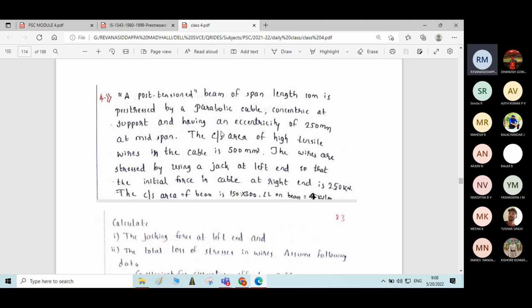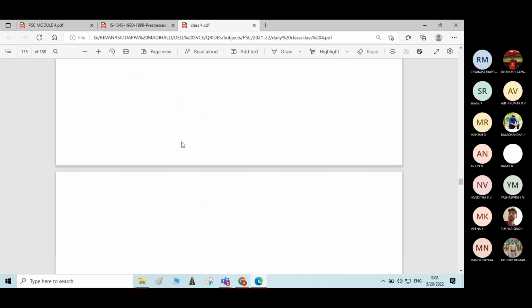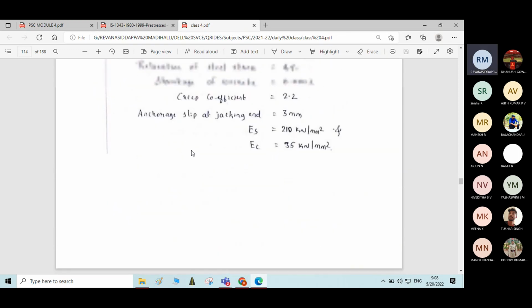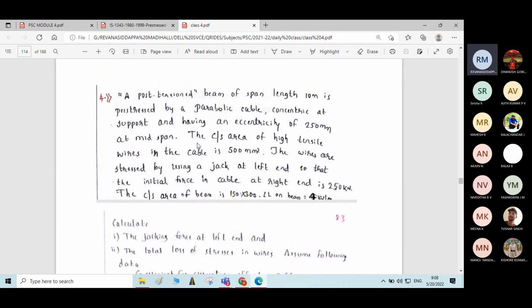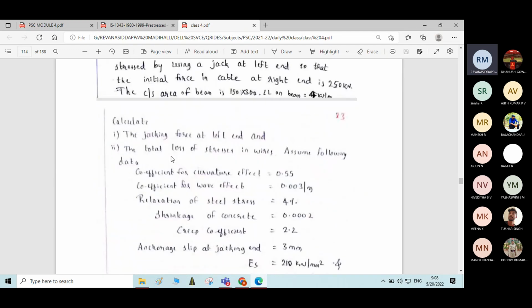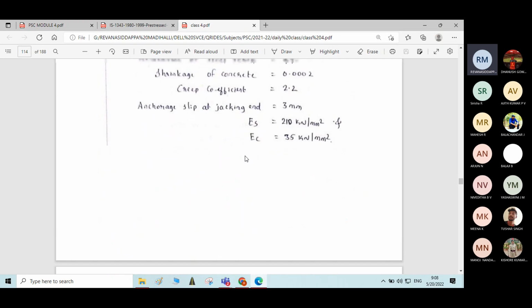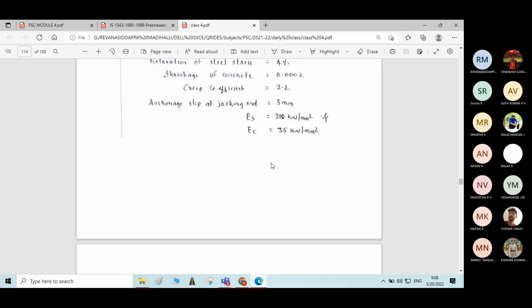Concentric at support and having an eccentricity of 250 mm at mid-span. Okay. Write the diagram for the same. It's a parabolic cable having zero eccentricity at the support and 250 mm at the mid-span. Write the diagram.